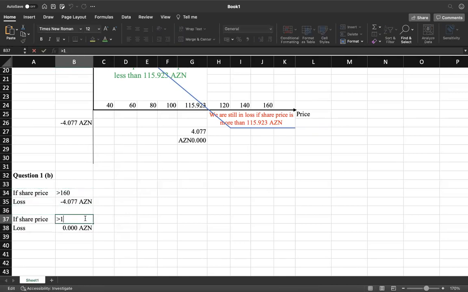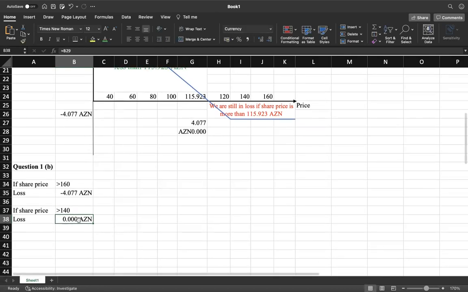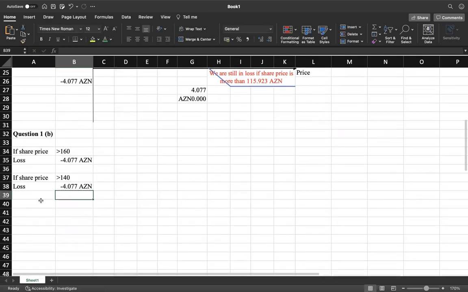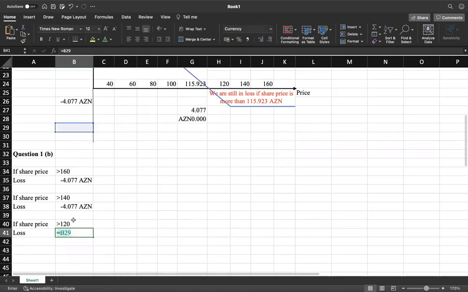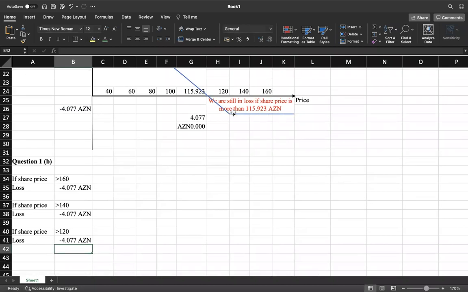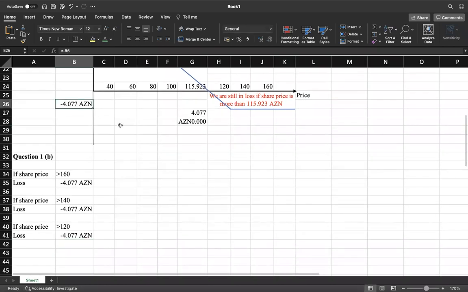If share price is more than 140, again, our loss is the option premium. If share price is more than 120, again, it is the same, because the line is flat till 120: loss in the amount of the option premium.